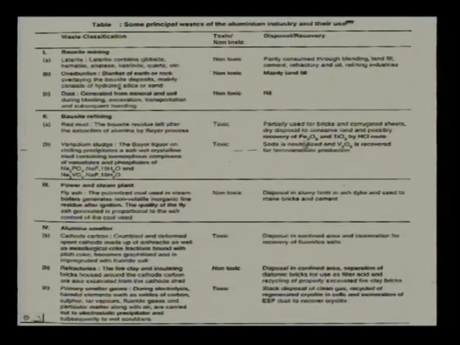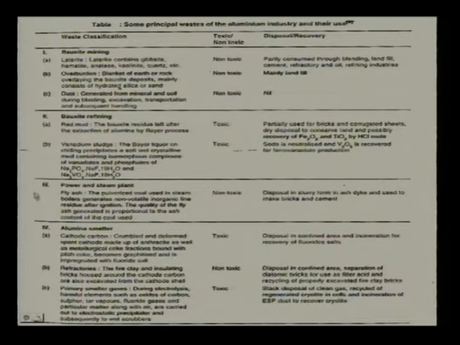So, they keep them slightly moist. Then we have vanadium sludge, the Bayer process liquid on chilling precipitates a soft wet crystalline mud that is toxic. Soda is neutralized and V2O5 is recovered for ferrovanadate production. So, vanadium recovery is being tried.